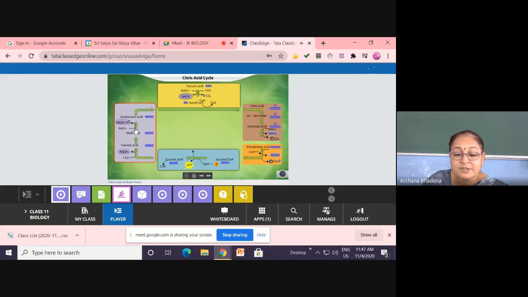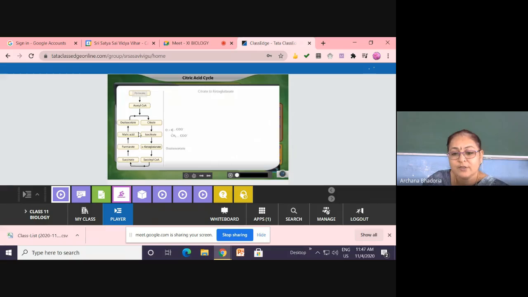Okay, so after oxidative decarboxylation, children, now this one you will be noting. Enters the Krebs cycle by combining with a 4-carbon compound, oxaloacetate, to form the 6-carbon compound, citrate. Citrate is the first product. It's not stopping on you. Citrate is isomerized to D-isocitrate by the enzyme aconitase.